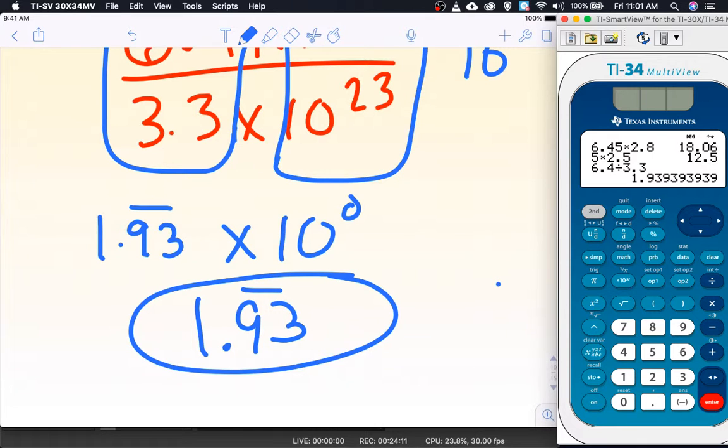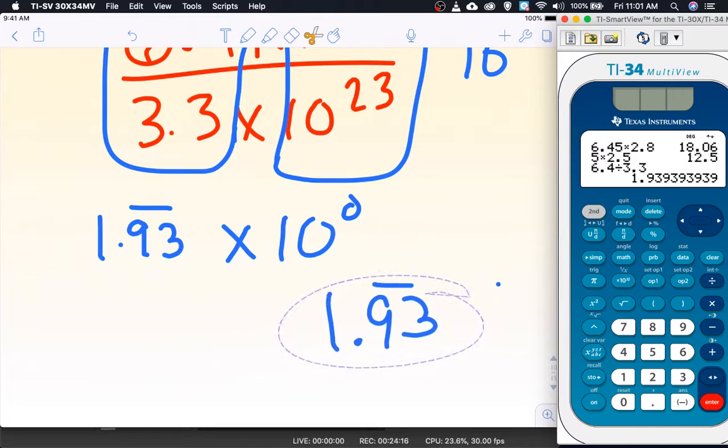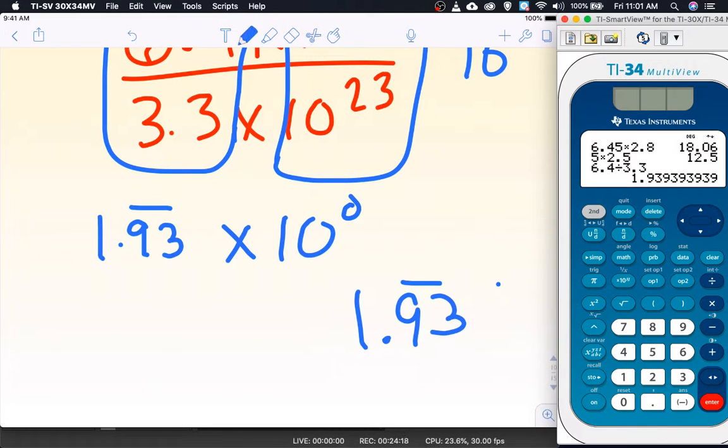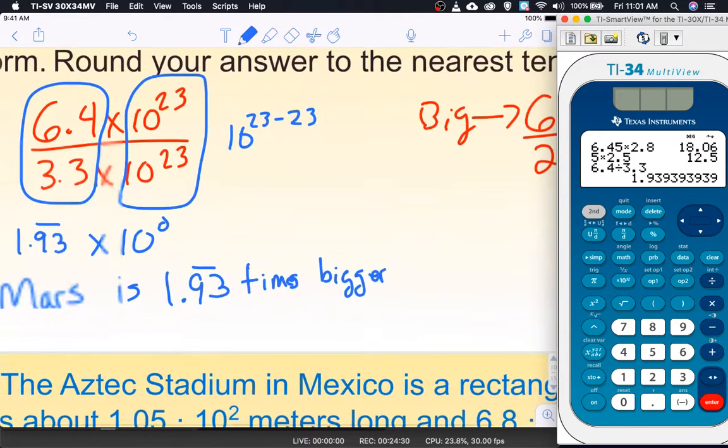So Mars is 1.93, almost 2 times bigger than Mercury. Mars is 1.93 times bigger than Mercury.